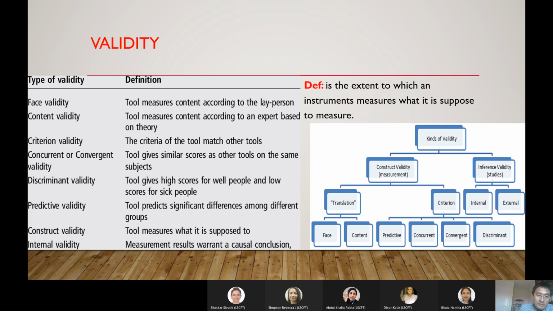Discriminant validity is the opposite. Predictive validity predicts what the likely answer is going to be. Construct validity is that the tool measures what it is supposed to measure. Internal validity measures causal conclusions, meaning A causes B. Is this clear before we do an MCQ? Because a lot of MCQs come from validity.